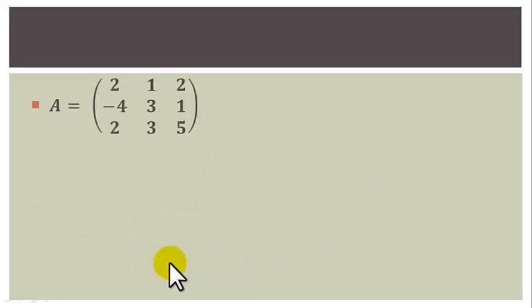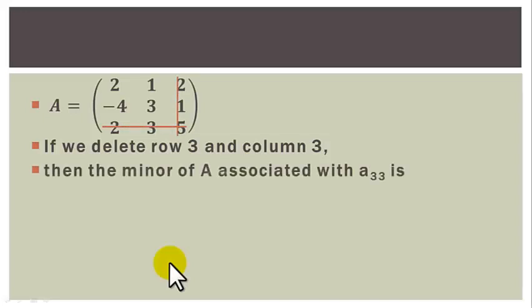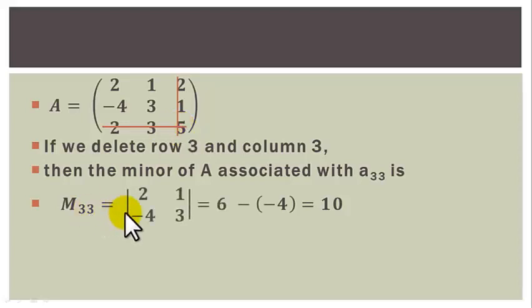Finally, we delete row 3 and column 3. This is row 3 and this is column 3. Then the minor of A associated with A33, which in this case is 5, is M33, which is equal to the determinant of the submatrix 2, 1, -4, 3.